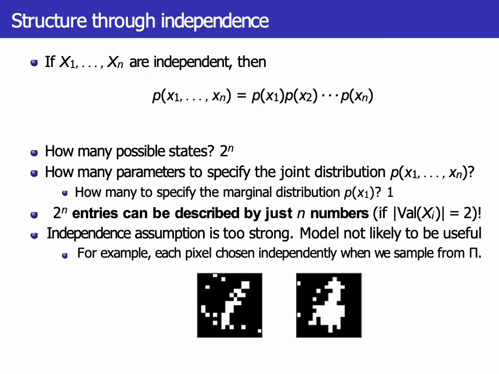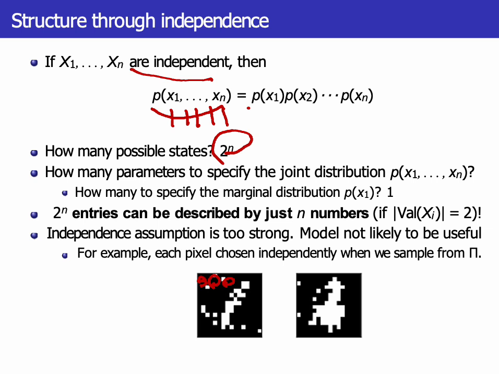So if each pixel is independent, this joint distribution can be p(x1) multiplied by p(x2), multiplied by p(x3), and so on until xn. So how many possible states? That is 2^n.